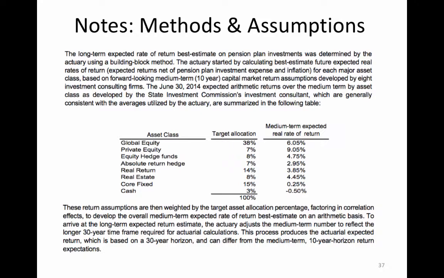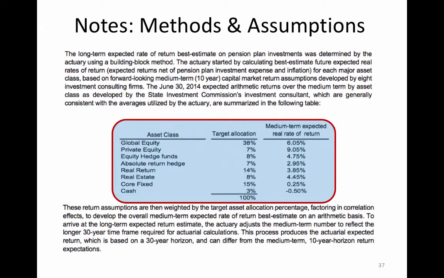There are very detailed disclosures related to the long-term expected rate of return and the discount rate. Among those is a breakdown of the portfolio of the plan by asset class and a disclosure of what their expected rates of return are, real rates of return, meaning adjusted for inflation for each of those classes.